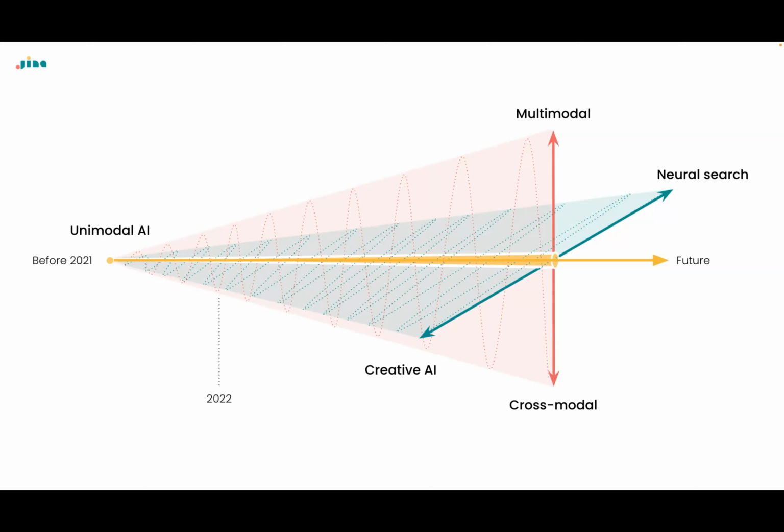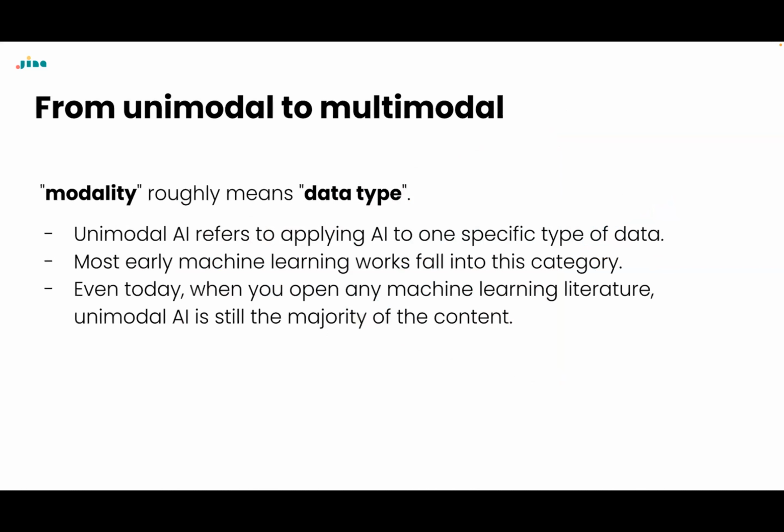I mean, from the academic perspective, the turning point was probably earlier, right? But I'm coming from the industry, so I observe this very obvious trend starting from 2022, right? So here, modality really means a data type, right? Unimodal AI basically refers to applying AI to one specific type of data, right?